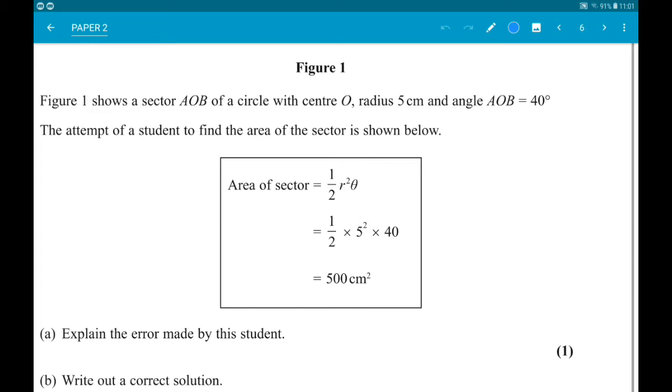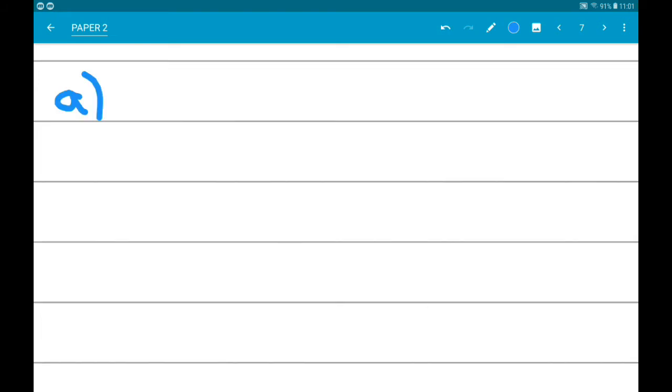So, they've used 1/2 r squared theta, good, but theta is not in radians. So, the error is that r squared theta over 2 only applies when theta is in radians.